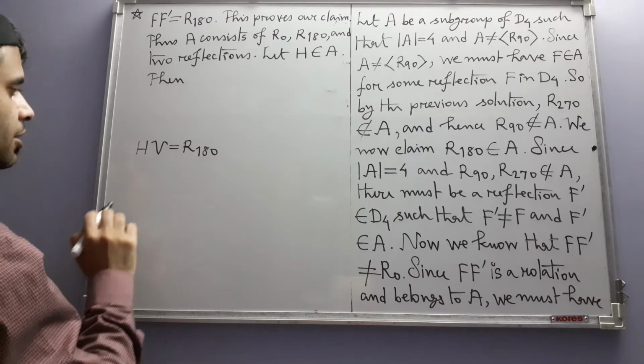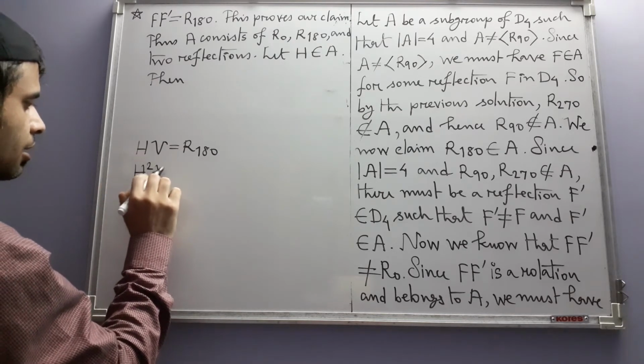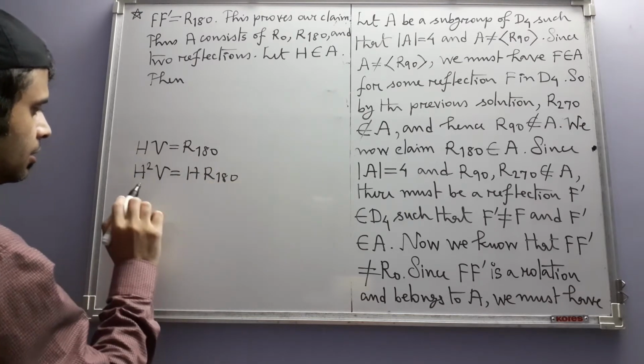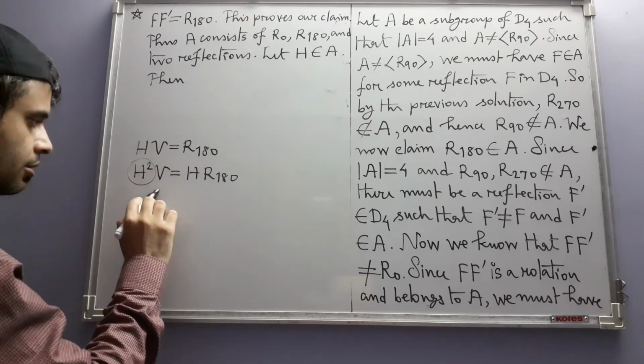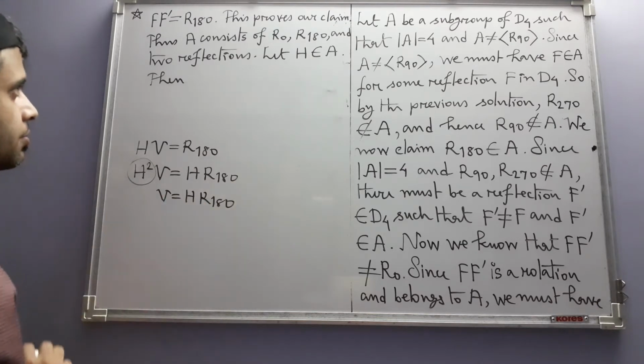So that simply means if we pre-multiply by H, then we will have H square V equal to H R180. And since H is a reflection, H square will be identity, so V is equal to H R180.